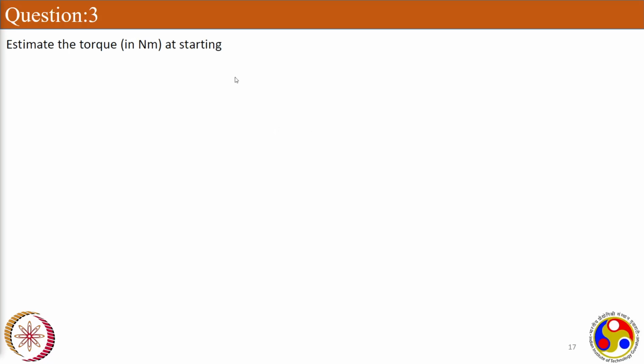So see, now torque at the starting was asked. So the electromagnetic torque formula will be air gap power divided by 2 pi Ns. We will see the detailed discussion. This air gap power will be even clearer when we discuss the rotor power flow diagram. So there are some equations which we need to understand.